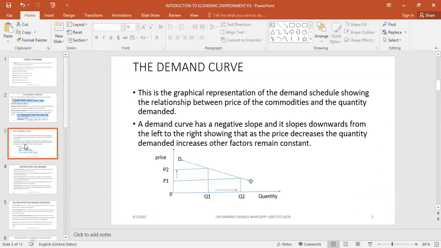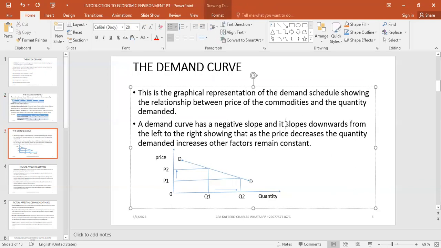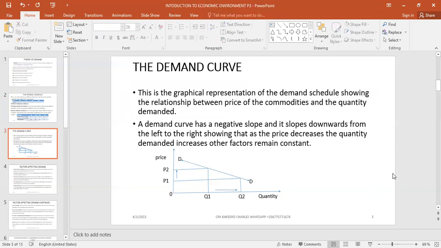So let's look at how the demand curve looks like. A demand curve is the graphical representation of the demand schedule.